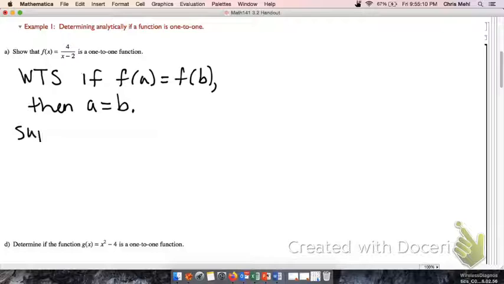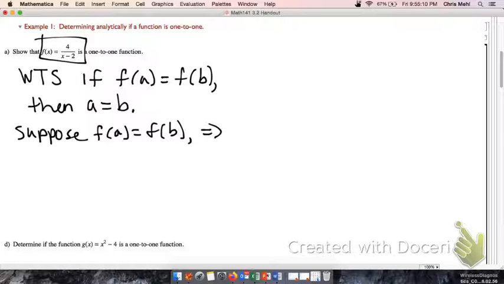Okay, so suppose f of a equals f of b, and then what that implies is, remember f of x is 4 over x minus 2, so f of a is 4 over a minus 2, and I'm setting that equal to f of b, which is 4 over b minus 2.